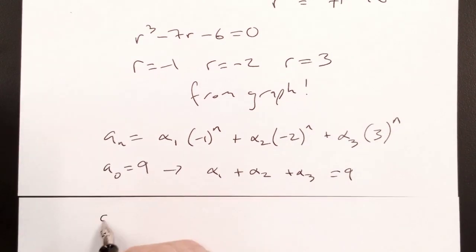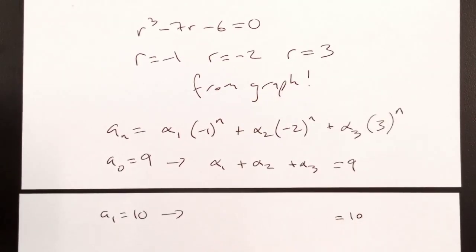A1 was equal to 10. So what goes on the left side of the equation equal to 10?